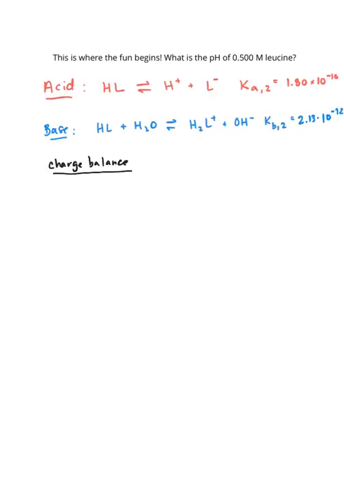In a solution of leucine, any H plus that's generated plus any fully protonated form of the amino acid must be equal to the total number of negative charges, any leucinate that's generated, plus any hydroxide ion that's produced.